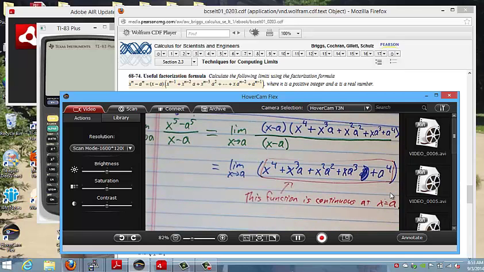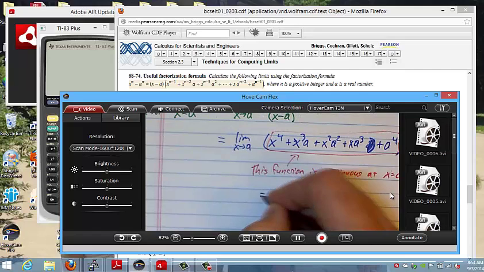The old fraction wasn't. You couldn't plug in a or you'd be dividing by 0. But this function is continuous at x equals a. It's almost like we had the hole colored in, a removable discontinuity. And so I go ahead and substitute in a for x. Let's see what we get.